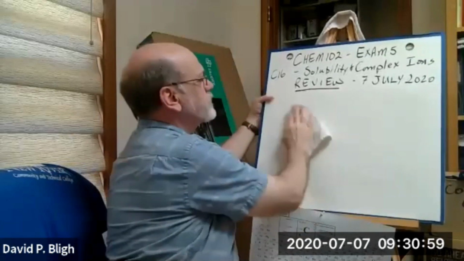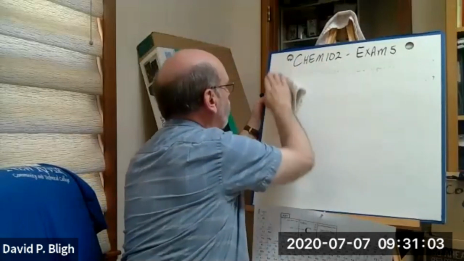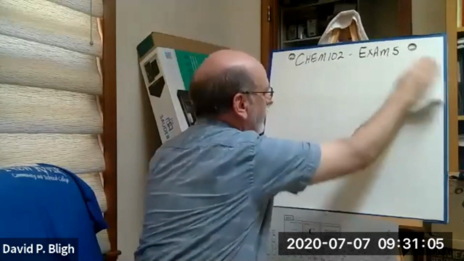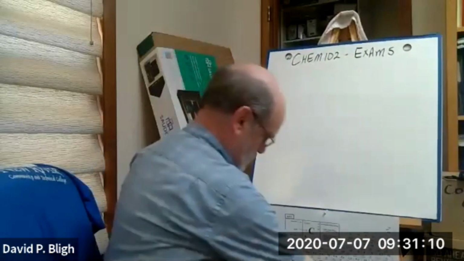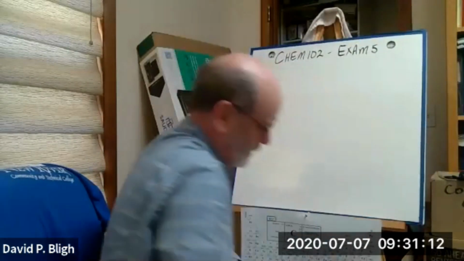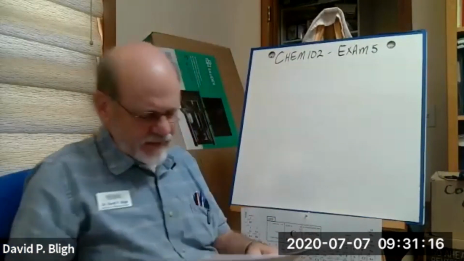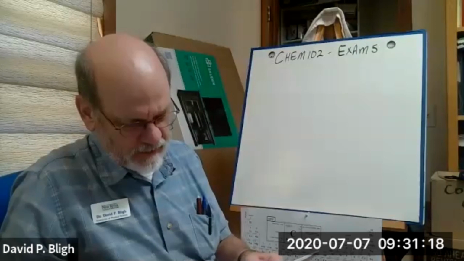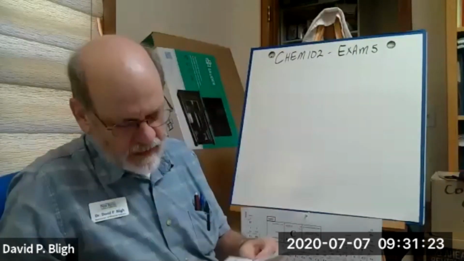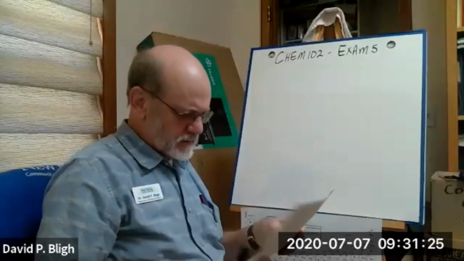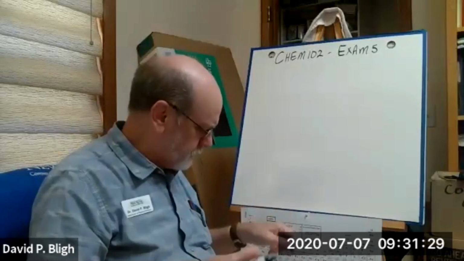I think it's time I made some more room up here. All right, let's see if this one's different. This one's okay. Let's do 4. 4 and 5 are similar, so we'll just do 4.